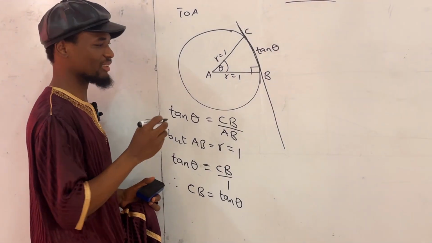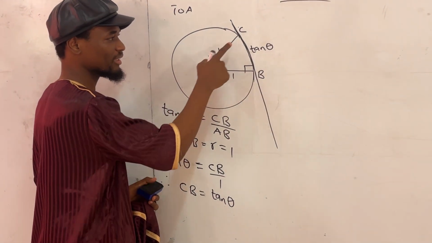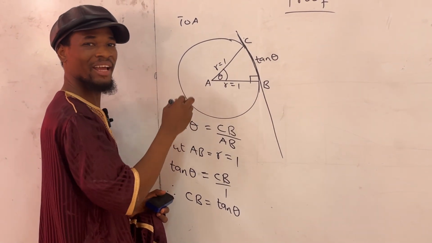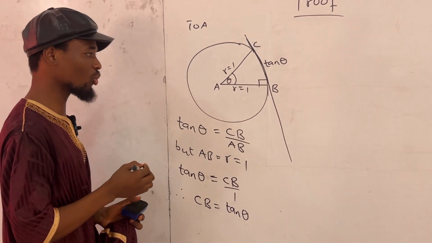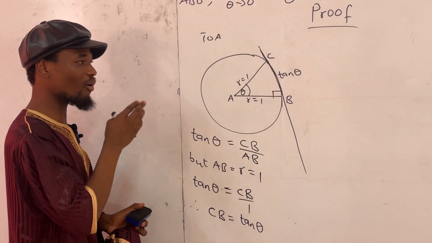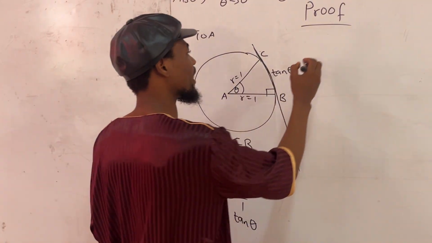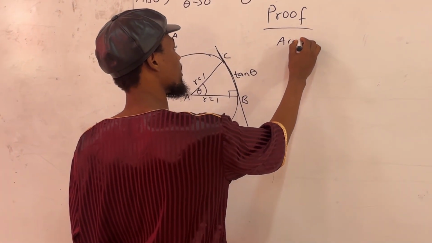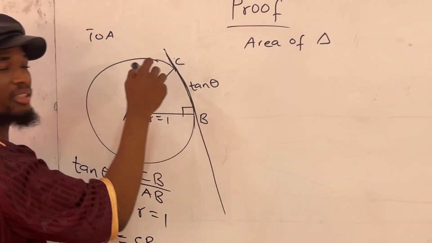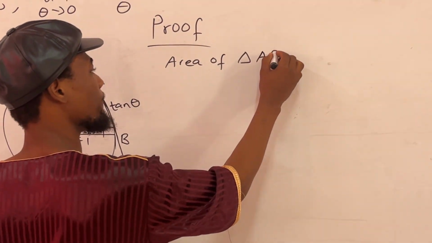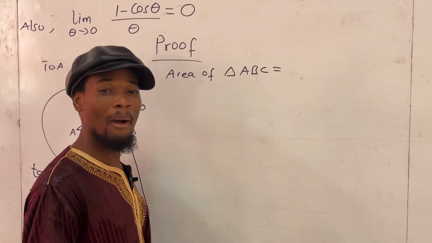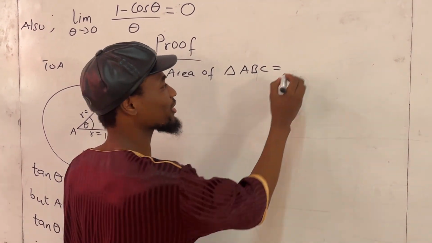So now, viewers, we know that ACB or ABC forms a triangle. Is that not so? So we are going to work out the area of the triangle. So I would say that the area of triangle ABC, from our basic calculus, is given by what?